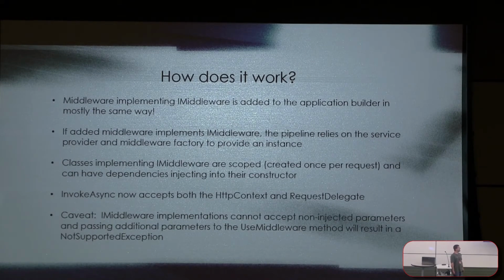The conventional piece of it is when the pipeline goes through and executes, and it comes to that piece of middleware, it looks at whether the piece of middleware implements IMiddleware. And if it does, then it resolves the IMiddlewareFactory, of which there's a default one, from the service container, and uses that to resolve your middleware instance. So anything that implements IMiddleware is by default, or automatically, going to get resolved from the container. So you lose some control over that.